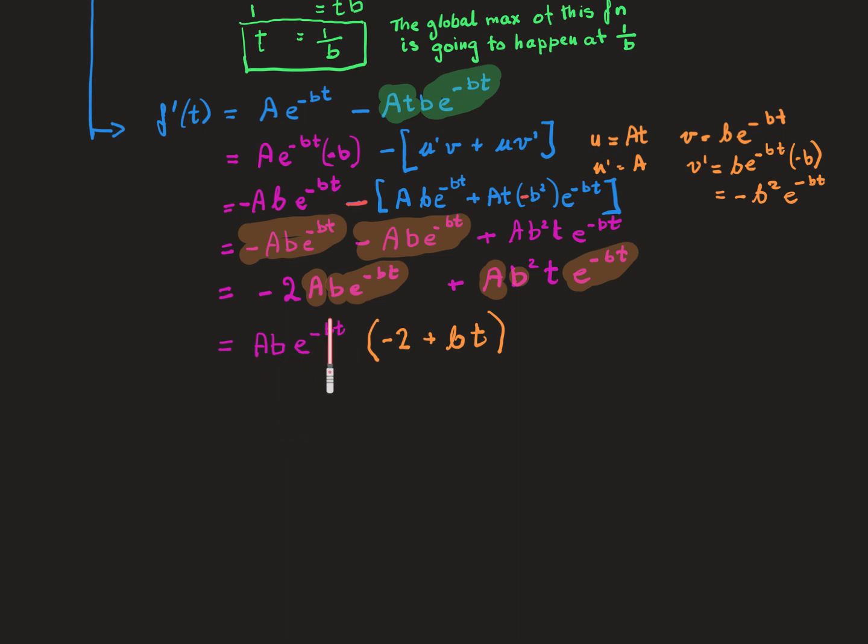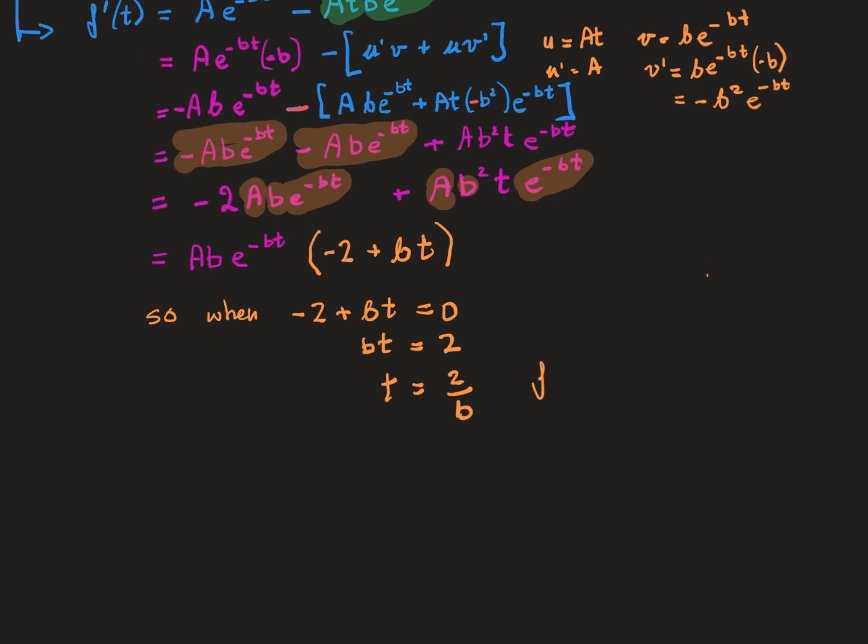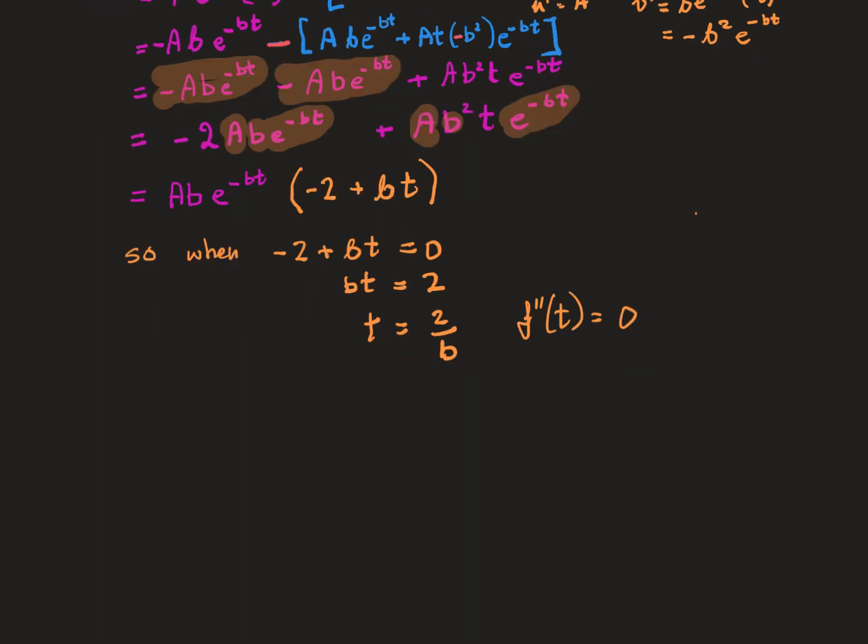And we know that e cannot be 0. So it only leaves us with this orange part here where we can equate that to be 0. And we find the value of t to be 2 over b. And this happens when f double dash t is equal to 0. The point of inflection is going to occur at t equal to 2 over b.